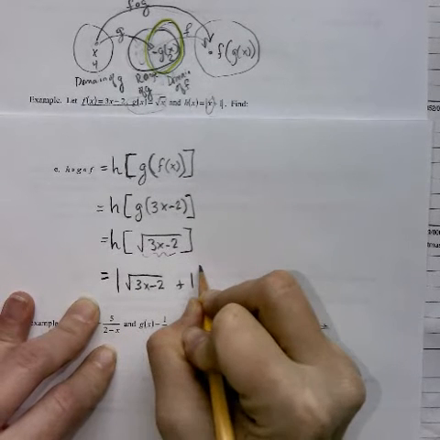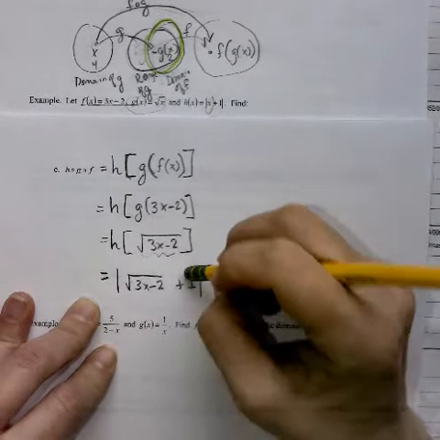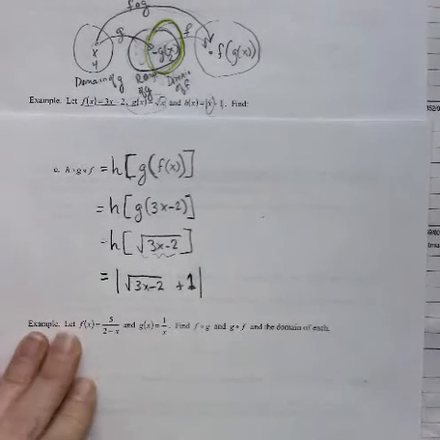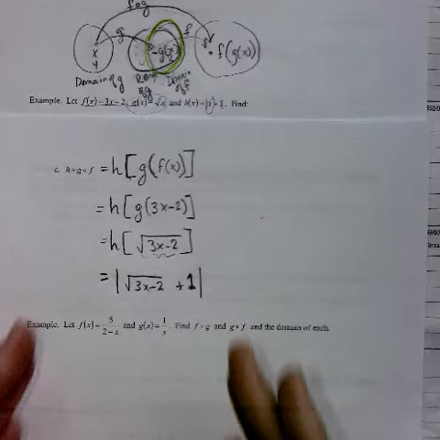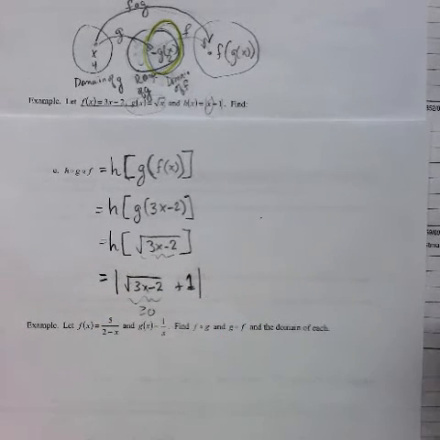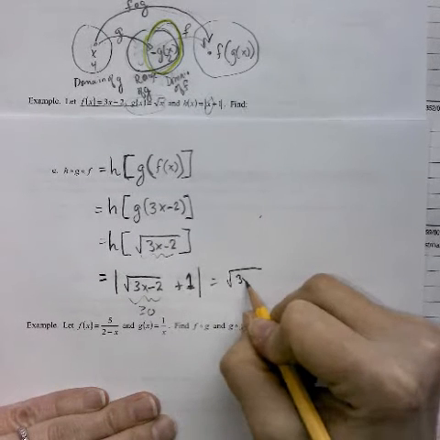I like to, when I have absolute value, I don't want that to look like an 11, so I'll write my 1s like that. Alright, actually, it would be fine if you left it like that, but we could actually drop the absolute value here because this is bigger than or equal to 0 and this is 1, so we would never get a negative. So it would be okay to simplify this and write that.